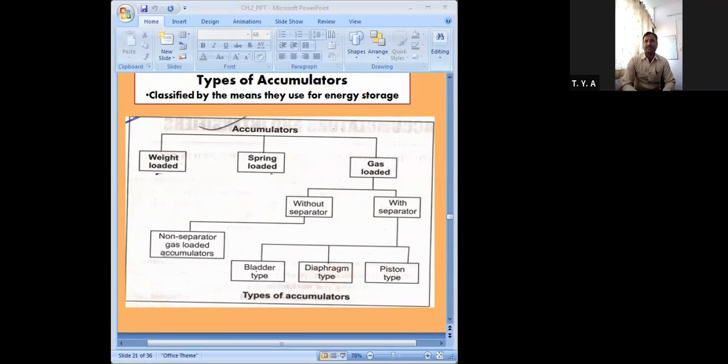As I have mentioned, this type of gas loaded accumulator is the most commonly used accumulator in almost all industry applications. For gas loaded accumulators we have two types: one without separator, called non-separator type, and one with separator. The separator type is also divided into three types: bladder type, diaphragm type, and piston type.